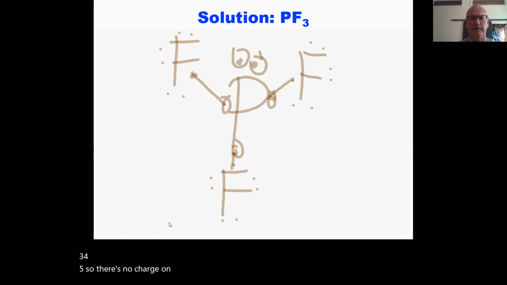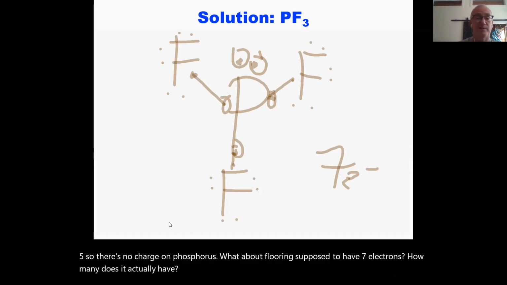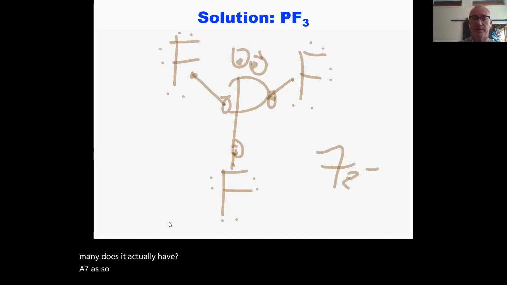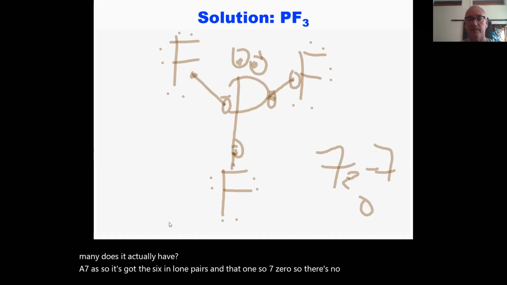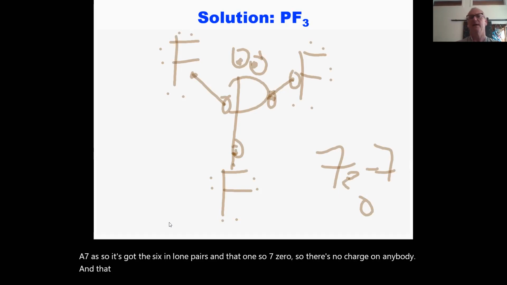What about fluorine? It's supposed to have 7 electrons. How many does it actually have? 7. Actually has 7 as well. So it's got the 6 in lone pairs and that 1. So 7, 0. So there's no charge on anybody. And that makes sense because fluorine basically always looks like this.